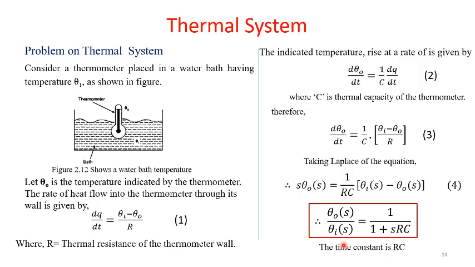It is called the time constant, denoted by a capital T or tau. This is an important problem, many times asked in the examination, to find the overall transfer function for the given thermal system.